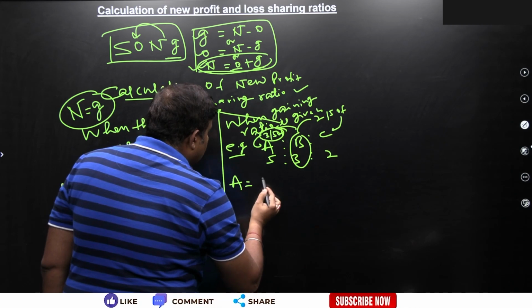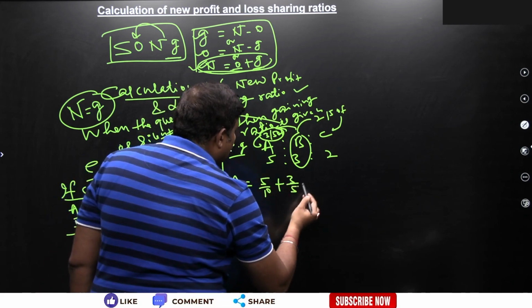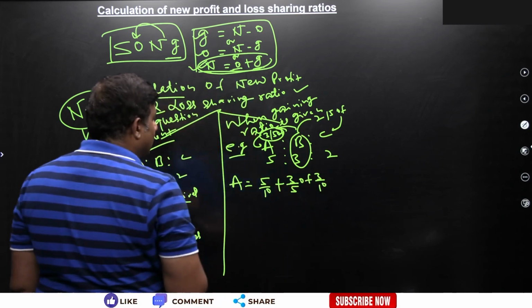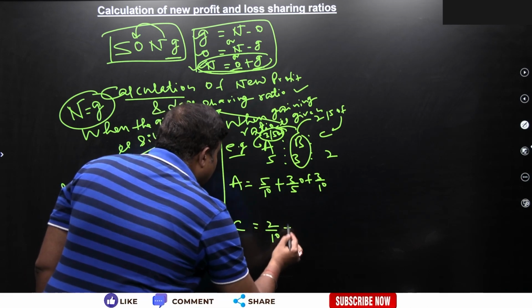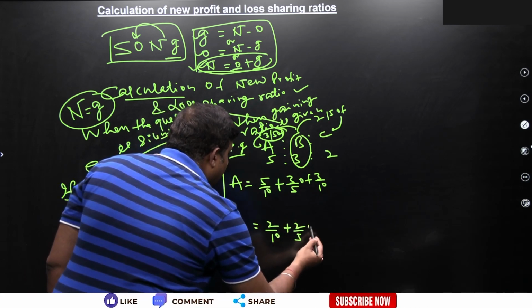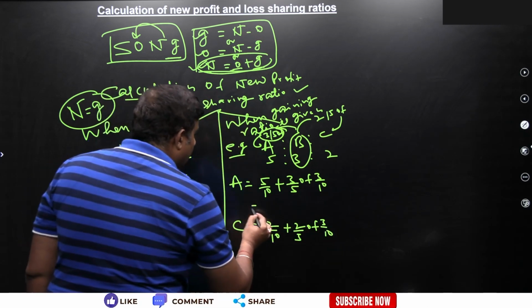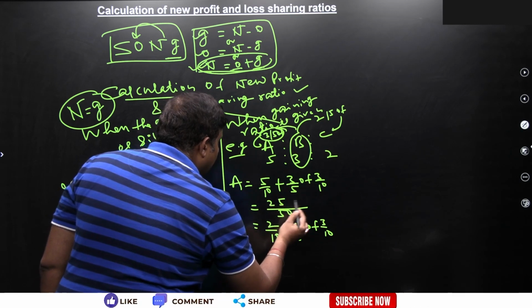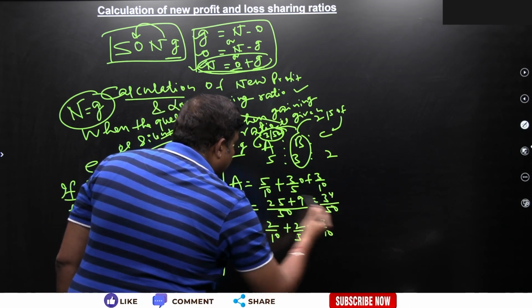Here the old for A is 5/10 and he gains 3/5 of the retiring partner's share, that is 3/10. Similarly, for C, the old ratio was 2/10 and he gains 2/5 of the retiring partner's share of goodwill. If you simplify this, it is 25 plus 9, so it should be 34 by 50.